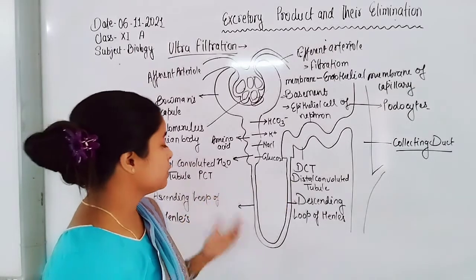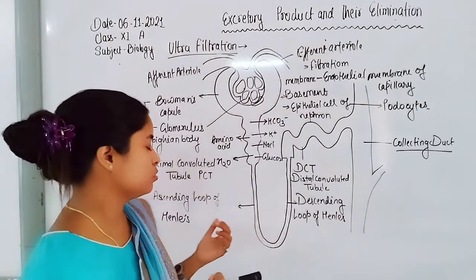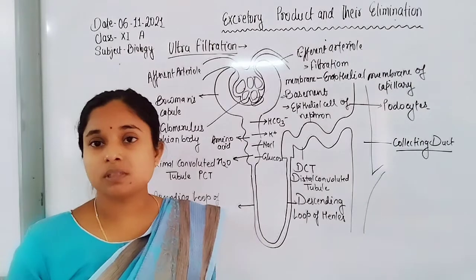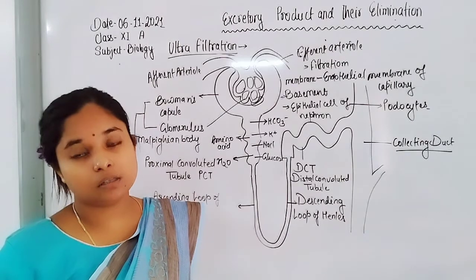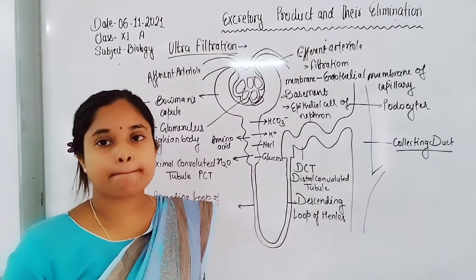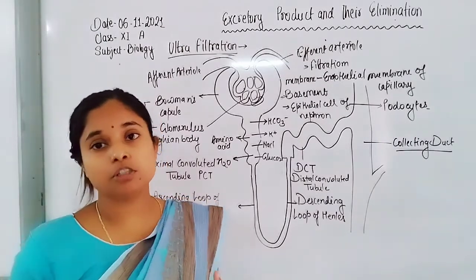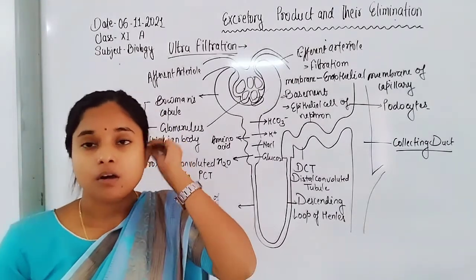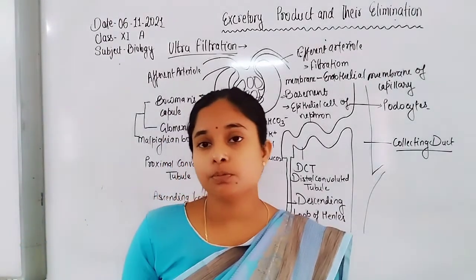If we separate these molecules, it is the sodium ion and chloride ion separately. Glucose molecules are also reabsorbed because they are present in the plasma. 99% of the water constituent of the filtrate is reabsorbed in the proximal convoluted tubule.